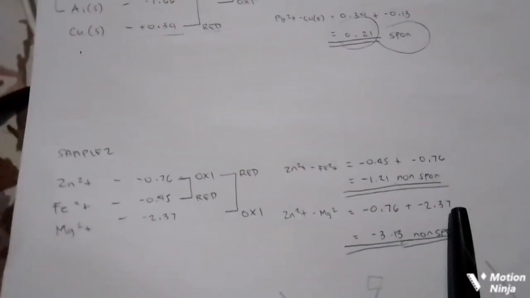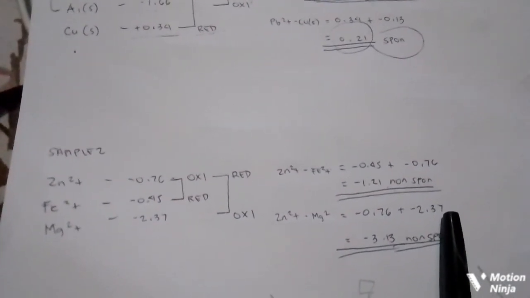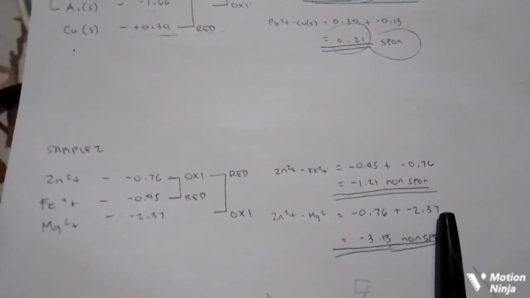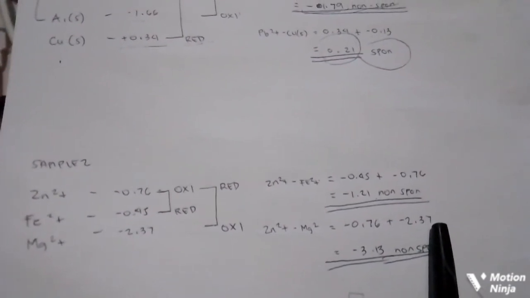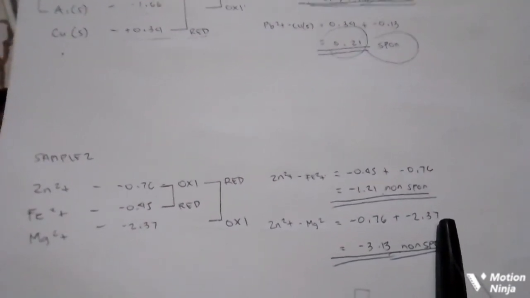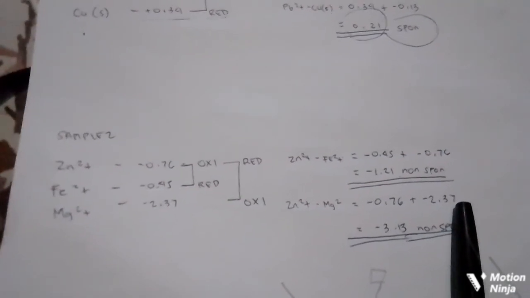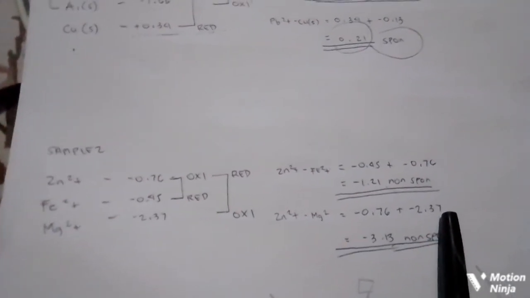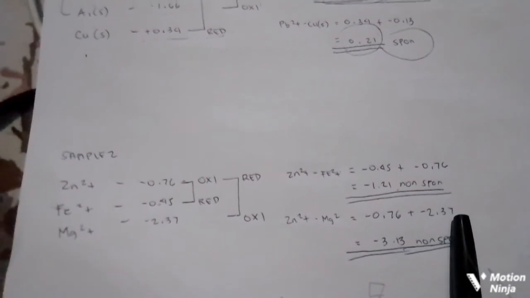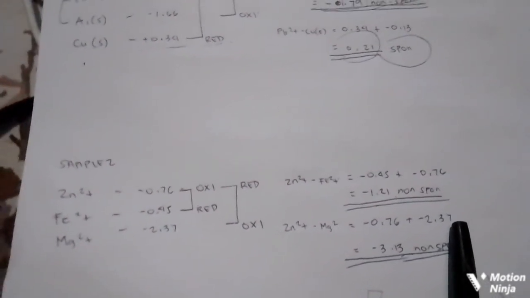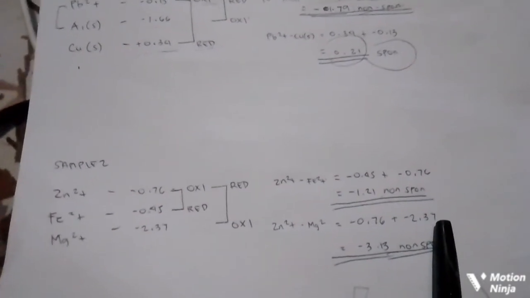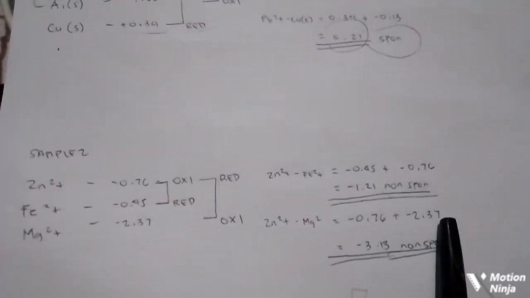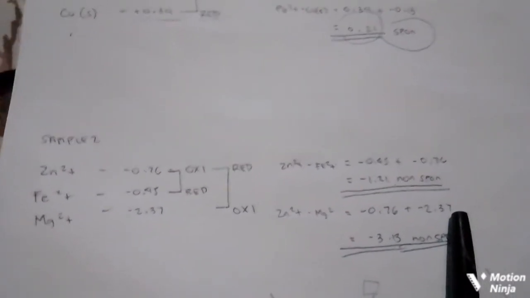And next, for the Zn2 and Mg2, since Mg2 is way more negative and a much greater reducing agent, it will become our oxidation. And since Zn2 plus is a great oxidizing agent, we will have it as our reduction.